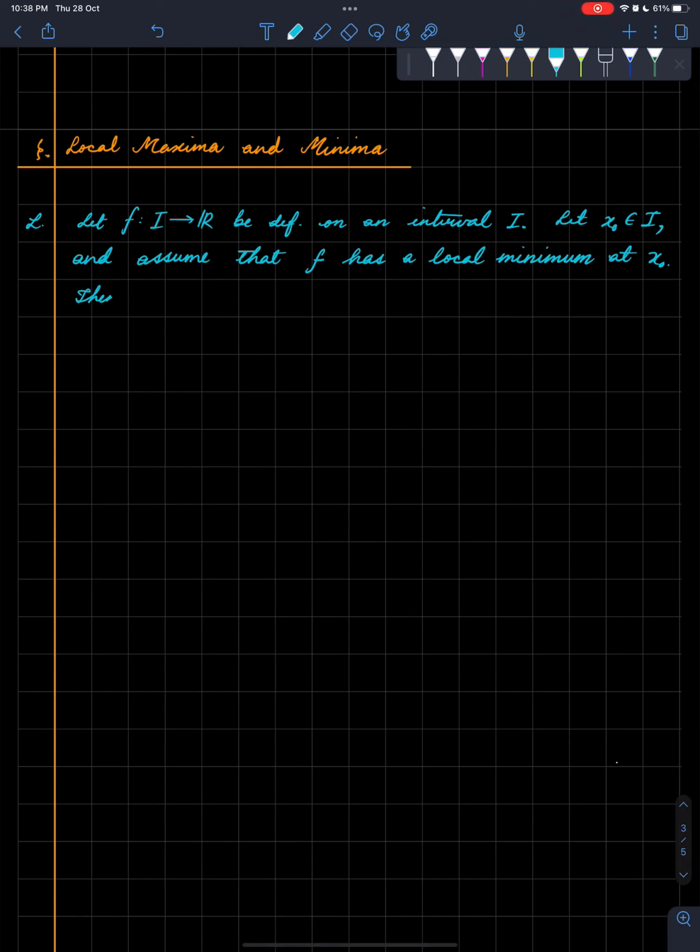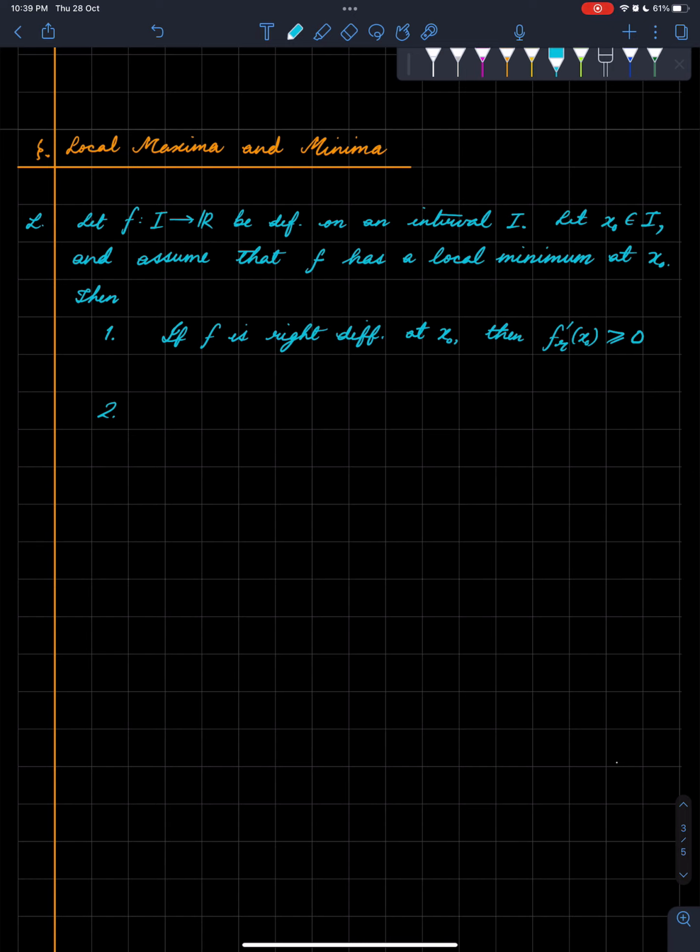Then we'll show two things. One, if f is right differentiable at x naught, then the right derivative of f at x naught is non-negative.